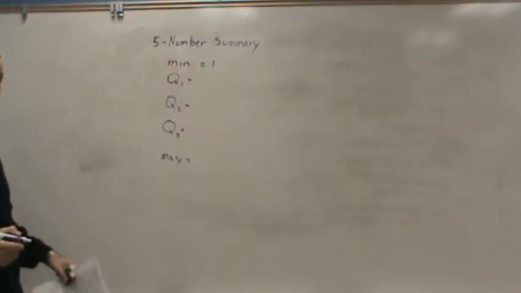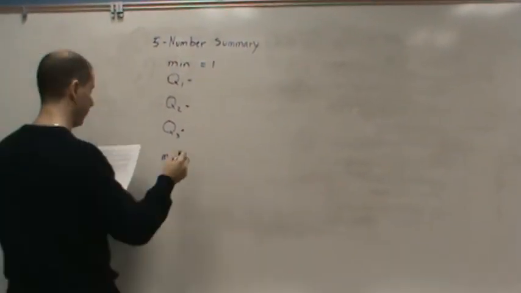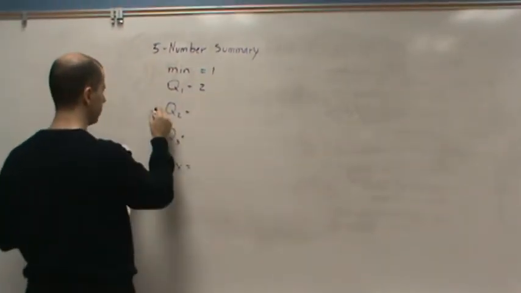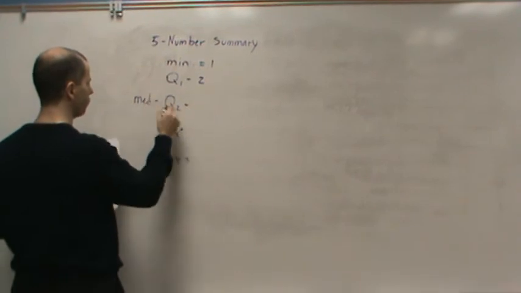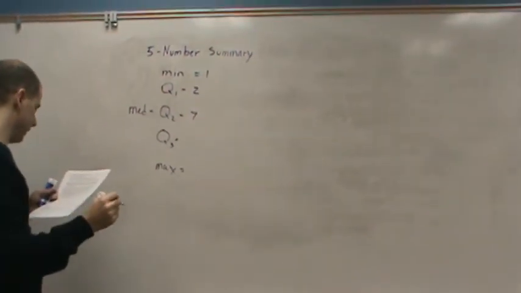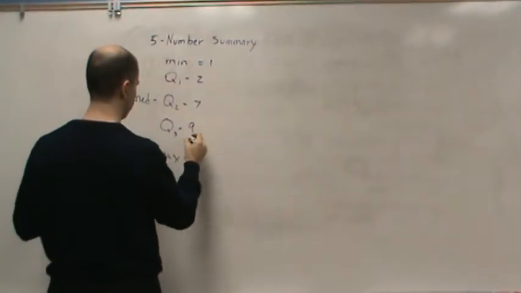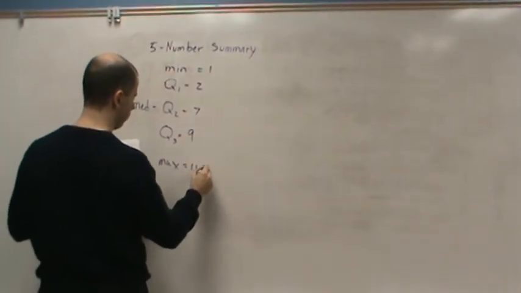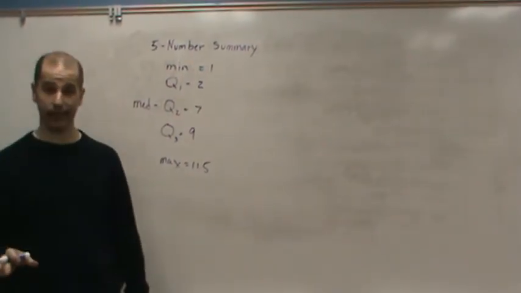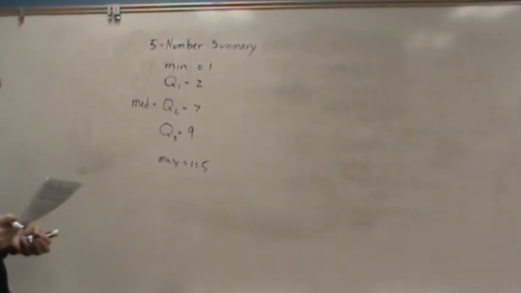Q1, what did we find Q1 to be? 2. Q2, or the median, remember, that was 7. Then Q3 was 9. And the maximum was 11.5. And notice that we didn't have any outliers in that data.